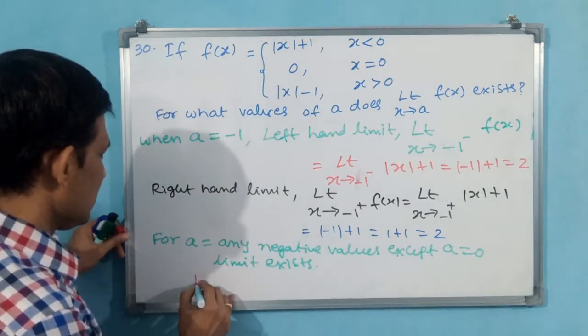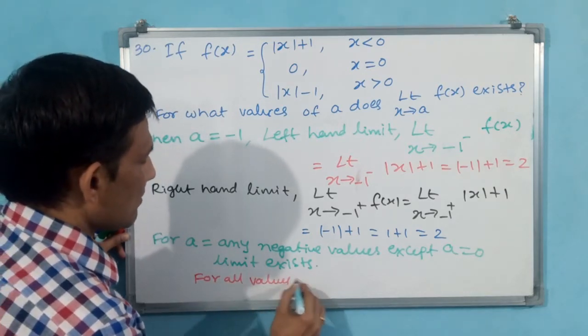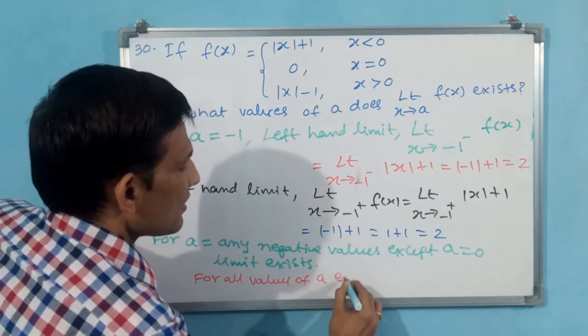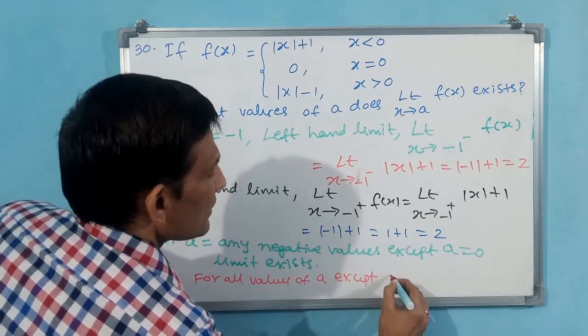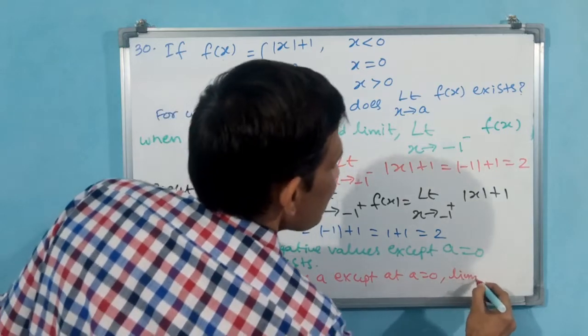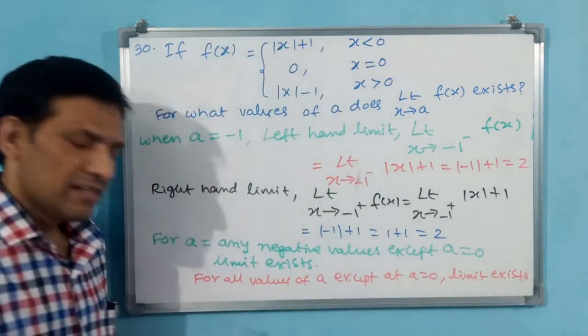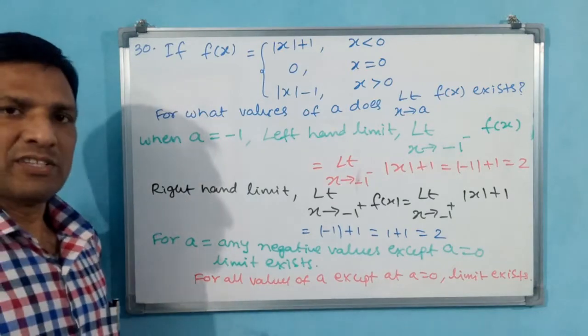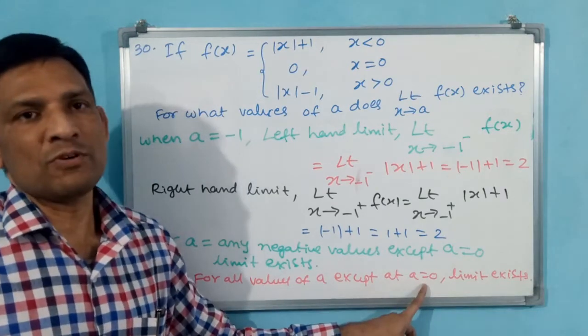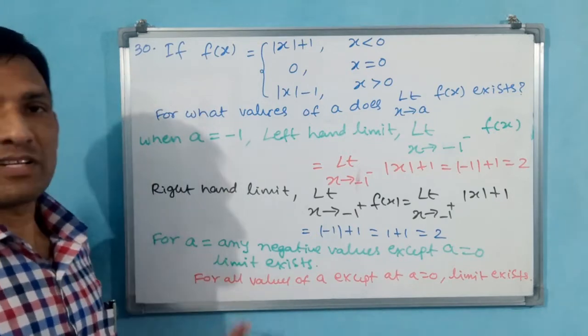Like this we will write: for all values of a except at a is equal to 0, the limit exists. Is it correct? For any value of a the limit exists, but a should not be equal to 0. If a is equal to 0, the limit does not exist. Okay, this is the final answer for your 30th question.